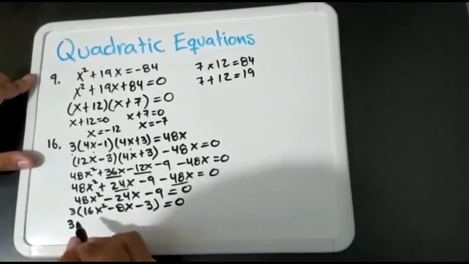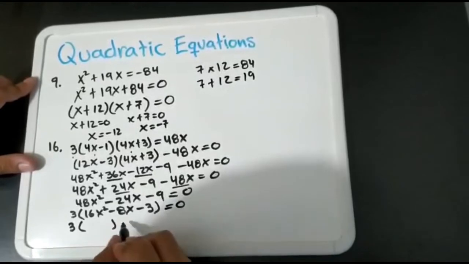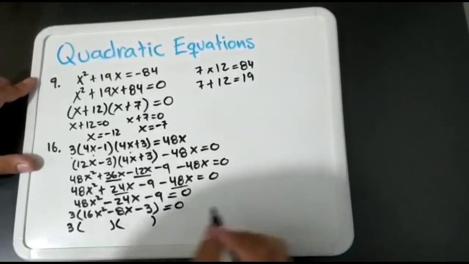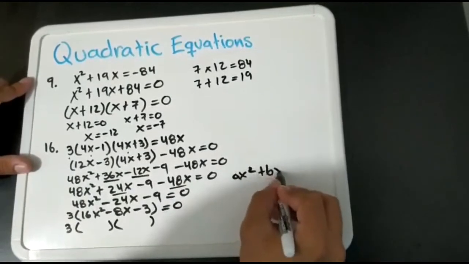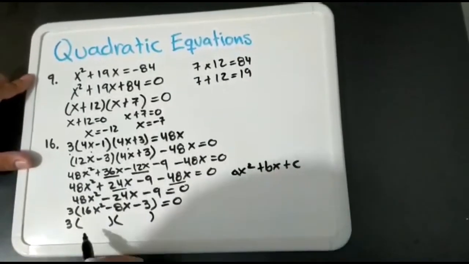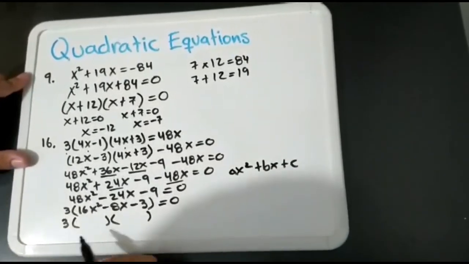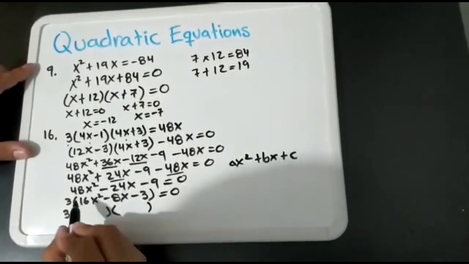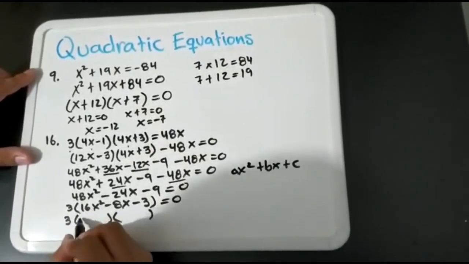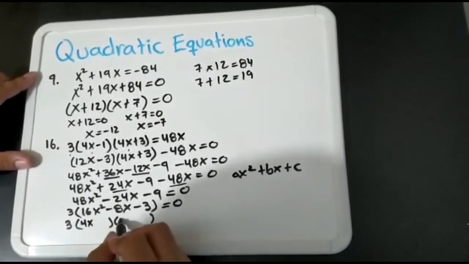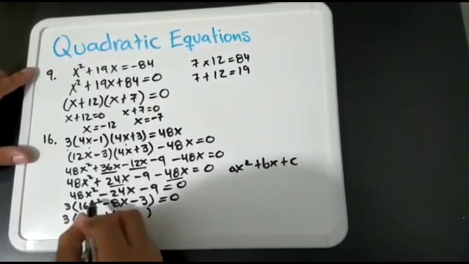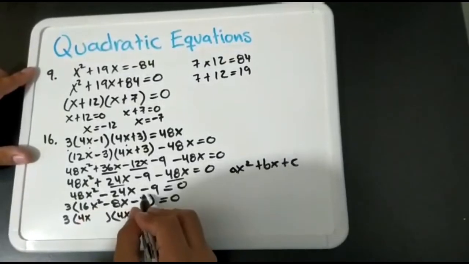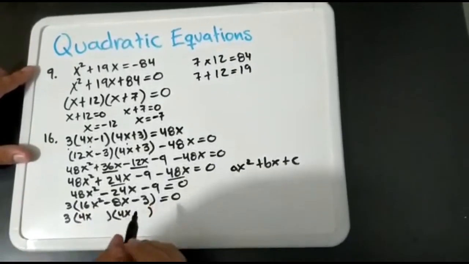Then the 3 is not very important. We're going to open two parentheses, and we're going to solve this in the case ax squared plus bx plus c, that needs something else. For finding the factors, we're going to find the factors of 16, that maybe are 4x and 4x, because 4 times 4 is 16, and x times x is x squared. The other are the factors of 3 that are so simple.